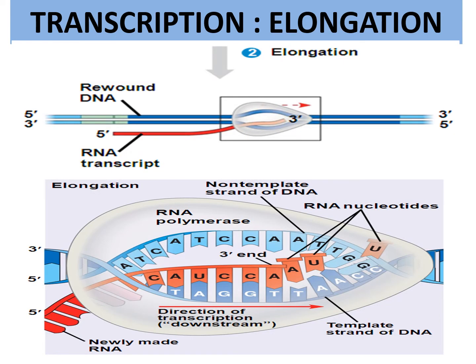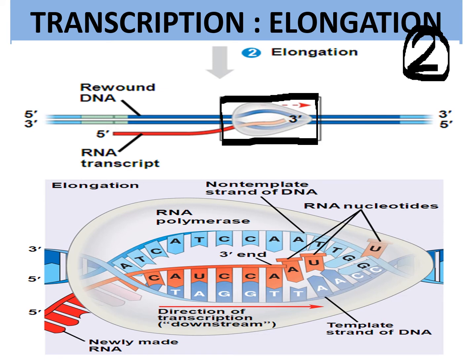Our next phase, or our next part of transcription, is called elongation. It's the second part of transcription. Let's have a look at our RNA polymerase. RNA polymerase is found in this location. However, when we started off, it was found over here at the promoter.